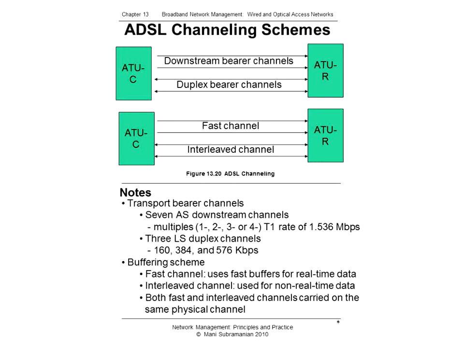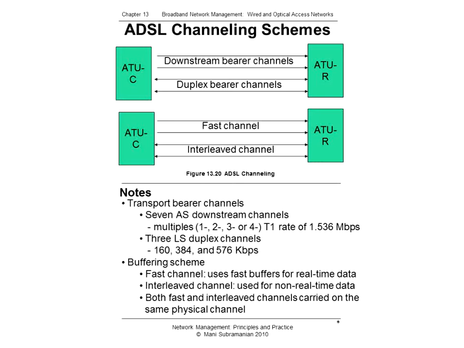In addition to downstream AS channel, there could be 3 additional LS duplex channels which carry the signal in both downstream and upstream direction. We have LS bearer channel, that is 160, 384 or 576 kilobits per second.